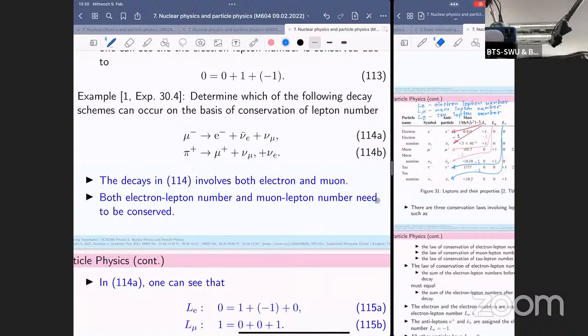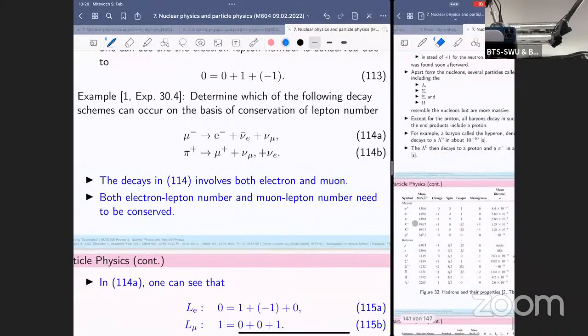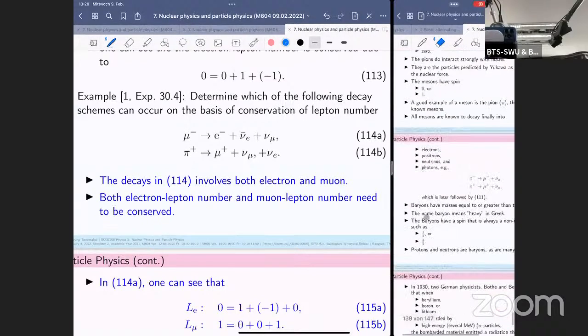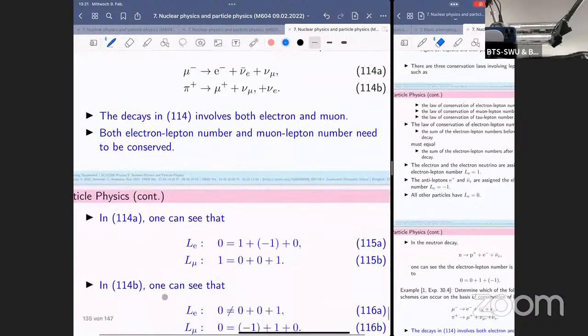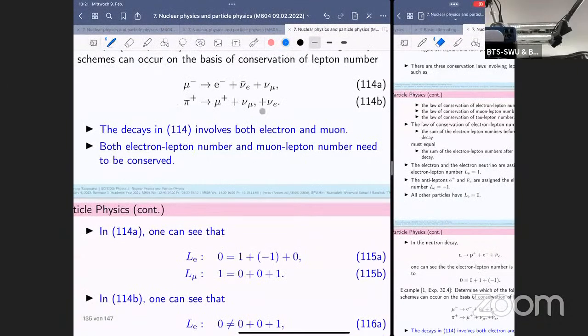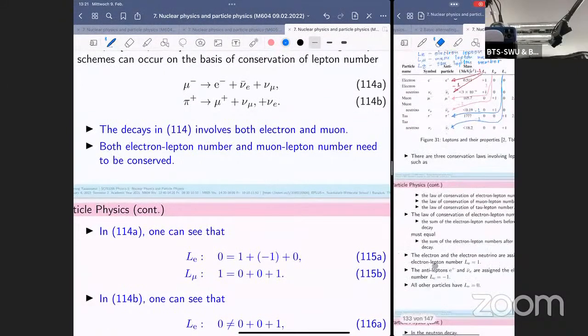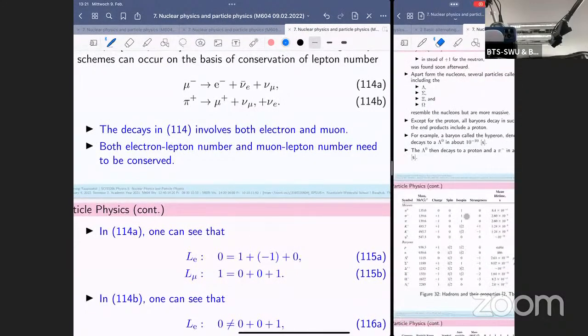We have the so-called pion. Where is the pion? The pion is in the next table, which is written here. Pion plus has 0. Again, it involves electron and muon, so we have to consider the muon lepton number and electron lepton number.